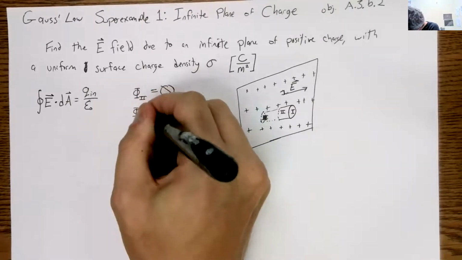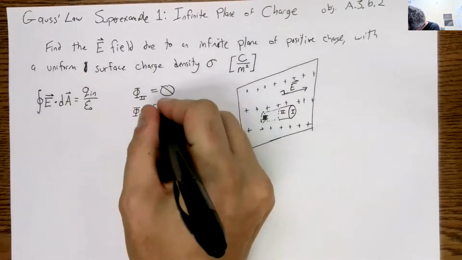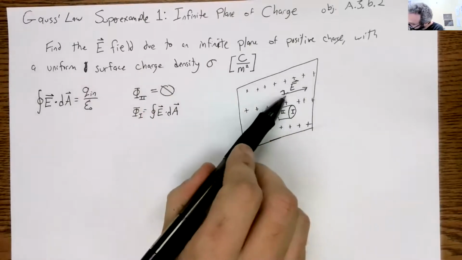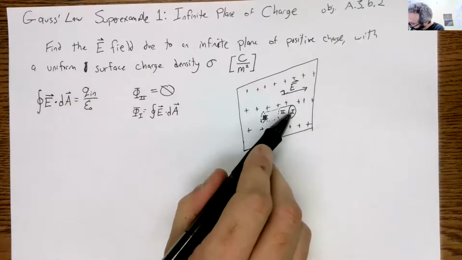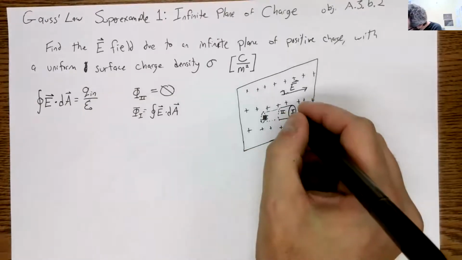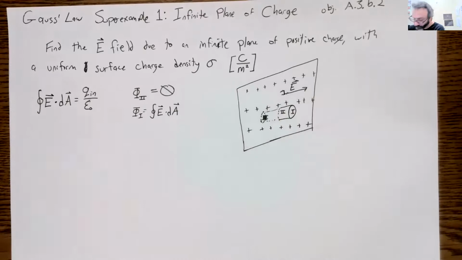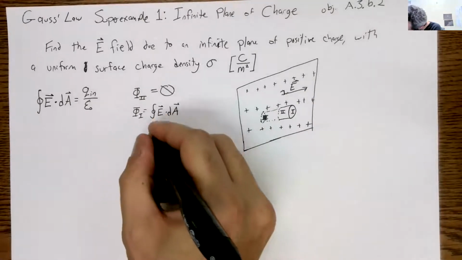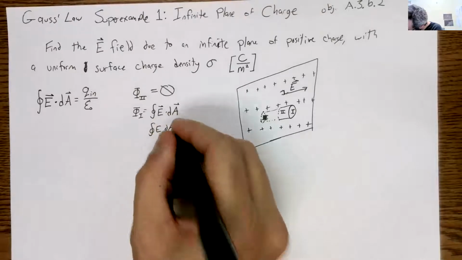We're always starting with the integral, right? The integral of E dot dA here. We know that the electric field here is always going to be perpendicular to this surface, so the normal to the surface is also directly outwards from the plane of charge. So this dot product is one of those cases where this just turns into an EdA, magnitude.